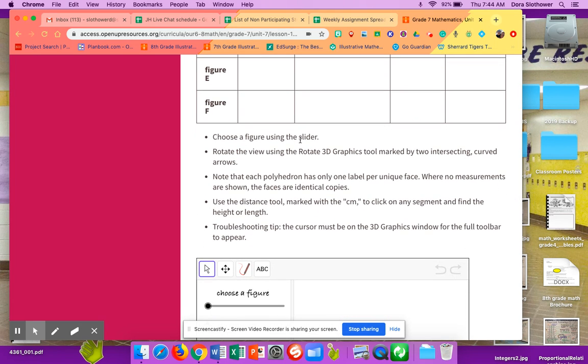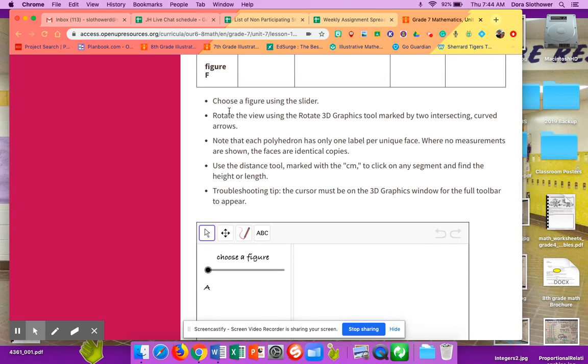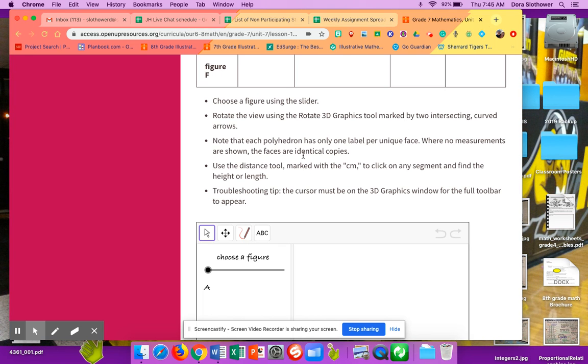Choose a figure using the slider. Well, obviously this is going to be figure A. Rotate the view. Note that each polyhedron, that's just your three-dimensional figure, has only one label per unique face. Where no measurements are shown, the faces are identical copies. So that means they're the same. Use the distance tool marked by the centimeter to click on any segment to find the length or height.